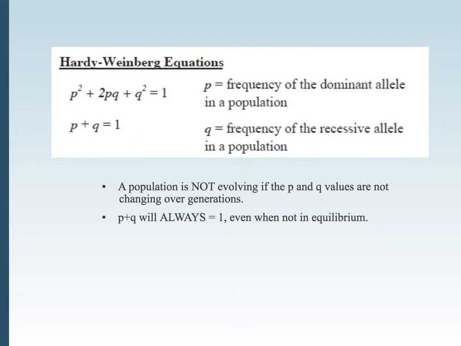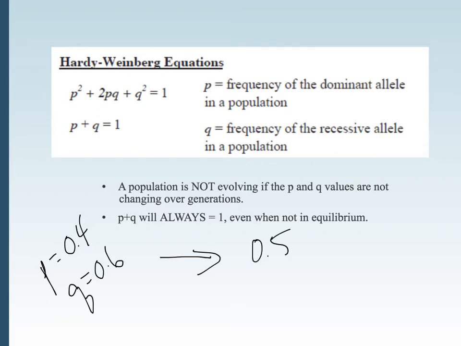So what do you actually look at to figure out if the population is evolving? What you look at is, okay, what is the p and what is the q, and is that changing over periods of time? Let's suggest for a moment that you do some calculations and you find out p is equal to 0.4 and q is equal to 0.6. 10 years down the line, you look at it again and p is 0.5 and q is 0.5.